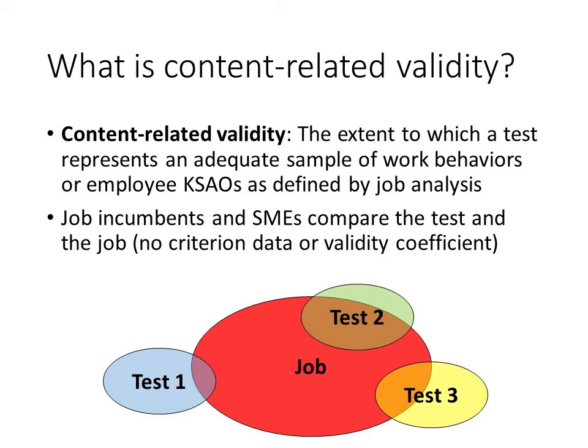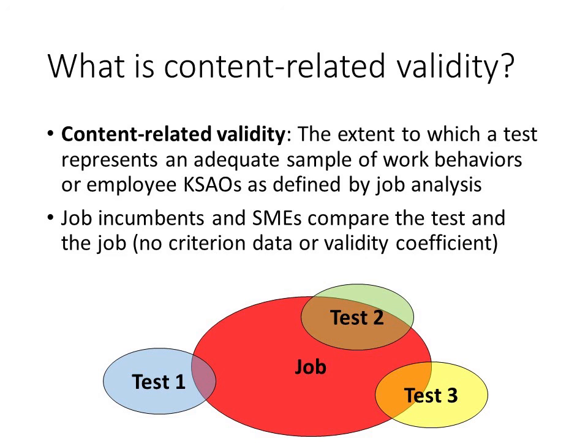With construct validity, it's all about the construct as defined by researchers, the community, the organization. With content-related validity, now we're focused on the job and what the job requires. Sometimes these two types of validity can be very similar. Sometimes what is required by the construct and the job can be similar.